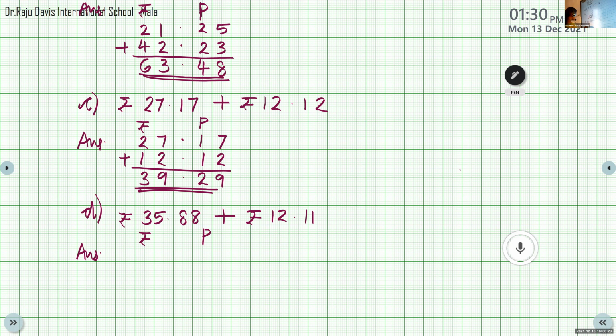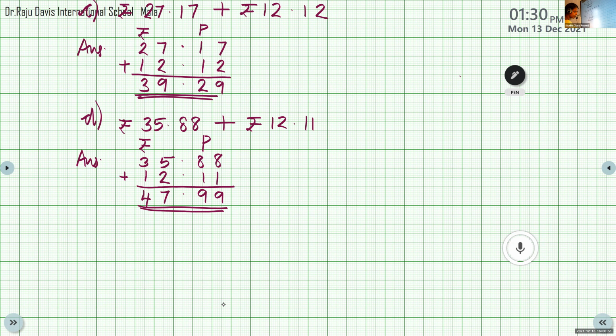Now the first one, 35 rupees 88 paise. Second one, 12 rupees 11 paise. Let's add, starting with the paise. 8 plus 1, 9. Again 8 plus 1, 9. Dot. 5 plus 2 is equal to 7. 3 plus 1 is equal to 4. 47 rupees 99 paise.